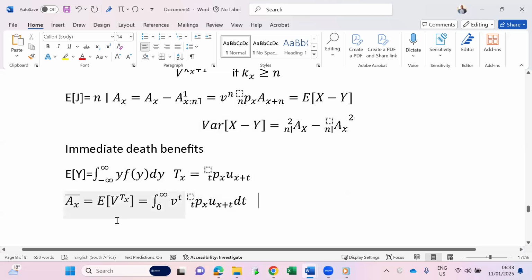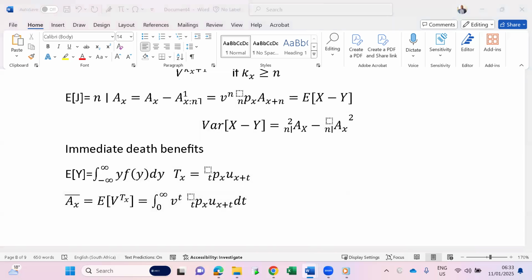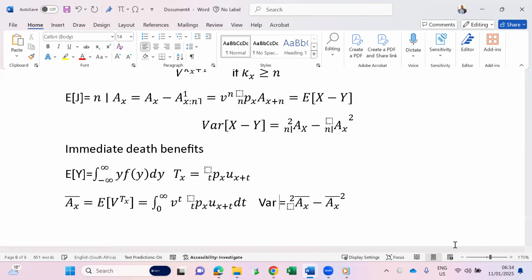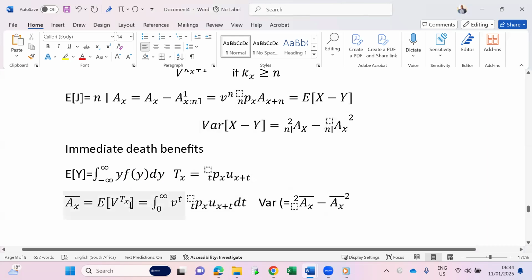Okay, so that's the variable v^T, that. Okay, not bad, but does get bad. And then for the variance, same thing, but with the bars, right? So that's v^{T_x}. Take that.